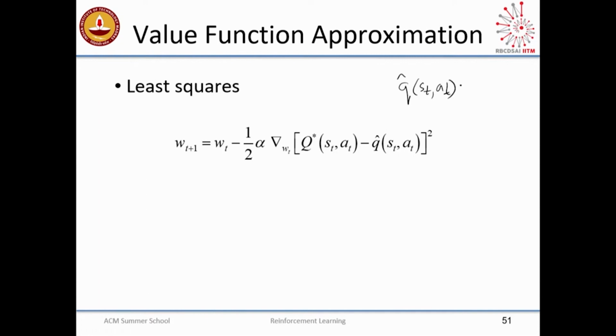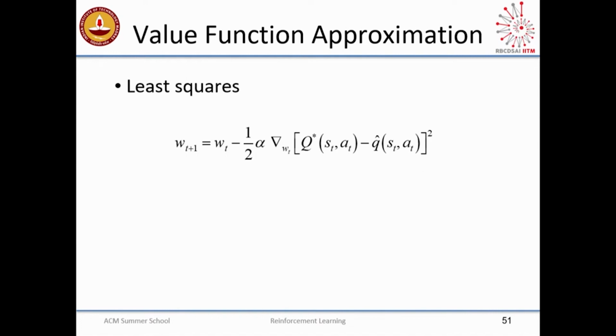I am going to say that this is given by some function that takes s_t and a_t as the input and uses some w as the parameters. It could be a neural network. I am going to feed s and a to the neural network, and w is all the weights in the neural network. It computes that and spits out my q hat. Make sense? So that's basically what I'm doing with my parameterized representations.